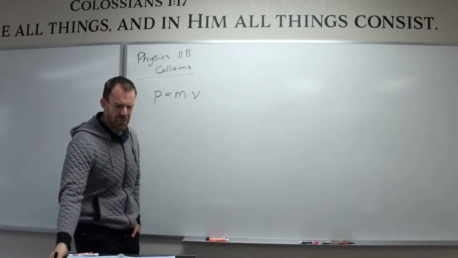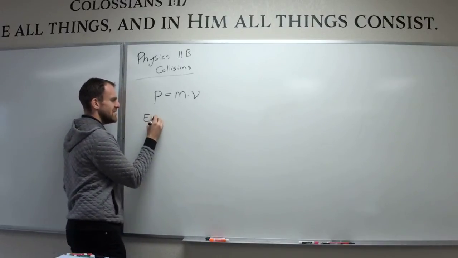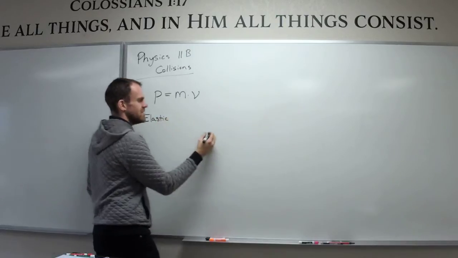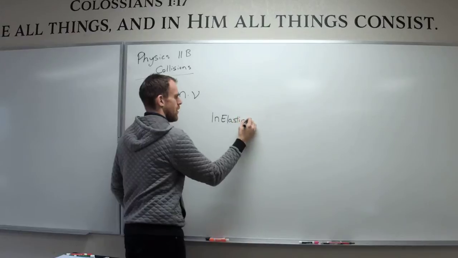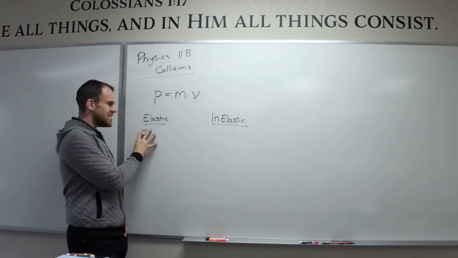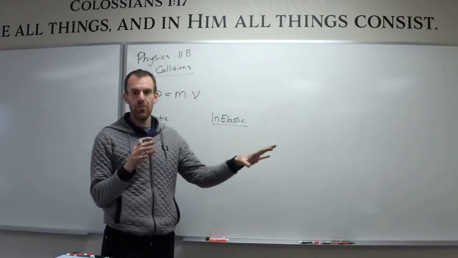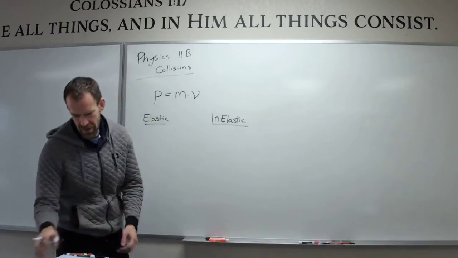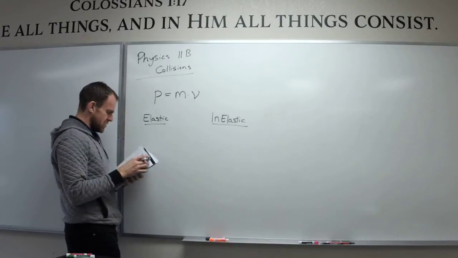Now, there's two different types of collisions. The first type is called elastic, and the second type is called inelastic. The basic ideas with these are as follows. Elastic collisions are where things hit and then they are separate and they go on. So the official definition right here is objects collide.